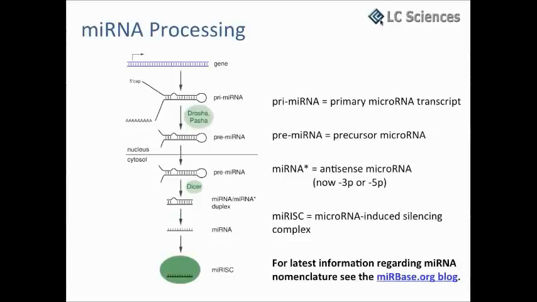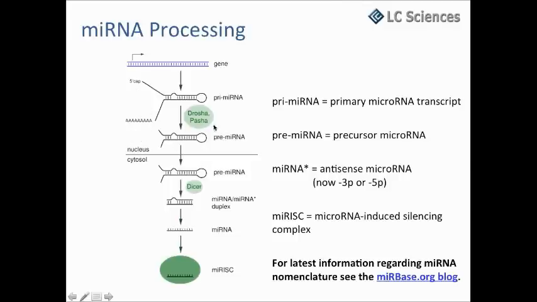Just a briefly, very simple generalized overview about the microRNA processing. Everything starts with a primary microRNA, which has the typical stem loop structure here, and then the hairpin. And as you can see, it still has the 5' cap and the poly A tail at the 3' end.